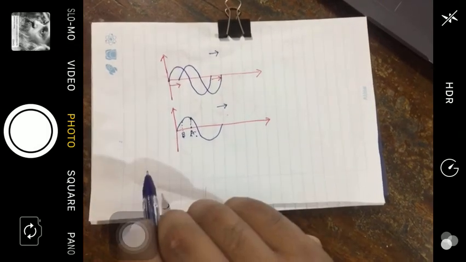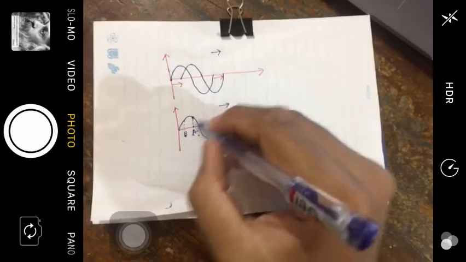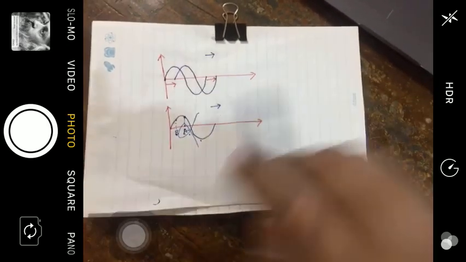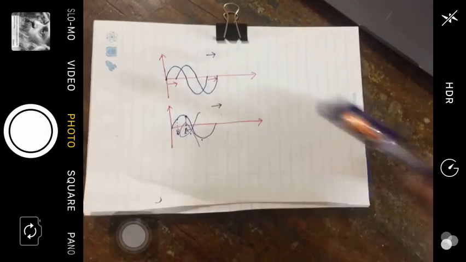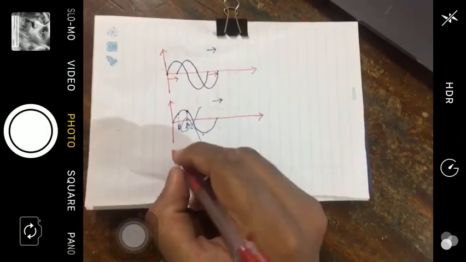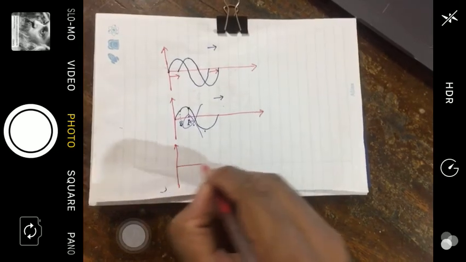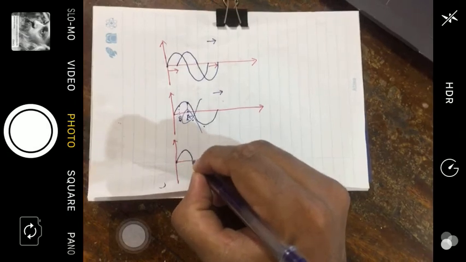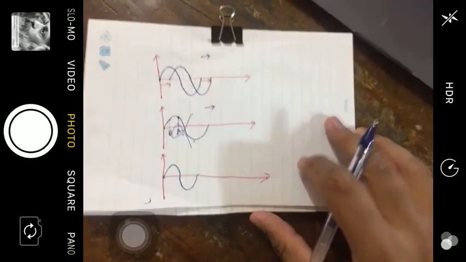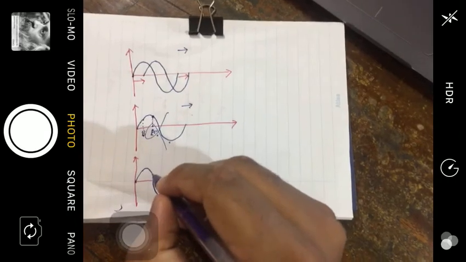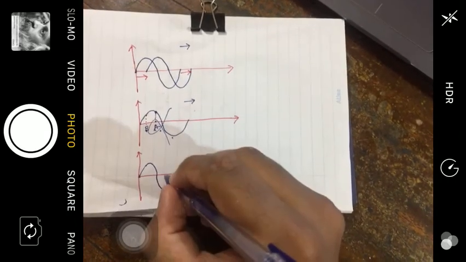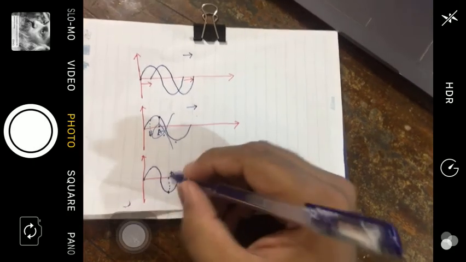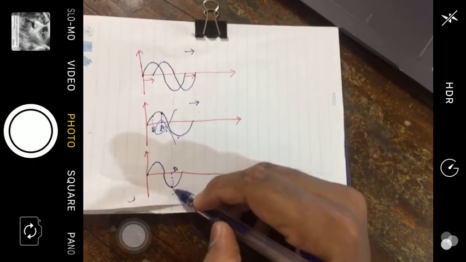But just don't consider this, because after some time both B and A are at the same displacement. So let's take this scenario. Now let's again consider particle A. Right now particle A is at its lowest bottom.